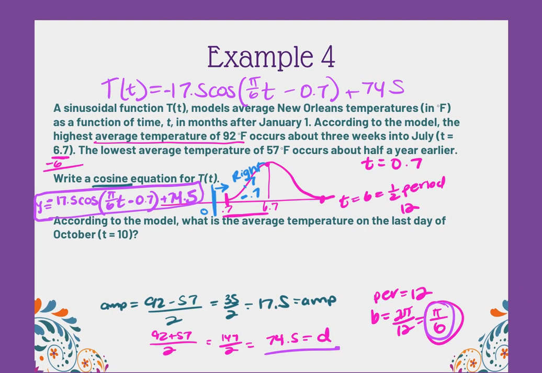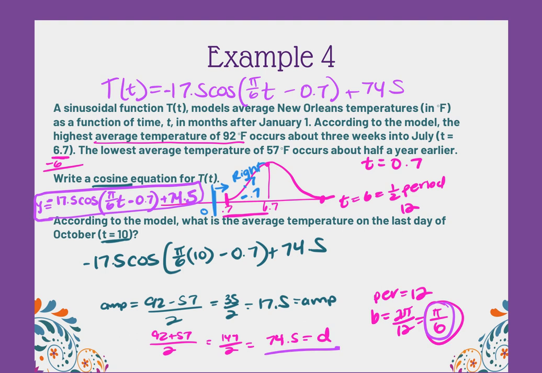Now it says, according to the model, what's the average temperature on the last day of October? So you're looking for where T is 10. So I can actually take this, negative 17.5 cosine pi over 6 times 10 minus 0.7 plus 74.5. My calculator must be in radians, because that's what these are. I'm putting pi over 6 in as a fraction, times 10 minus 0.7, with or without parentheses doesn't matter because it's going to do the multiplication first anyways, plus 74.5.